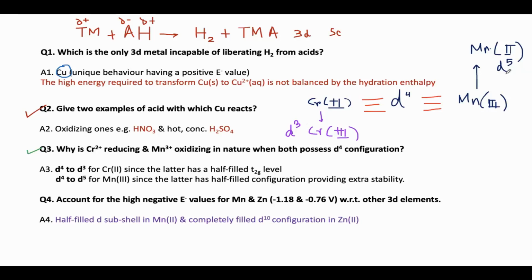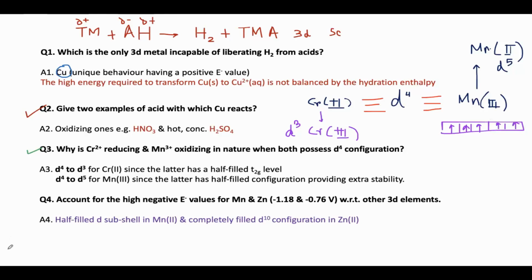That's why Mn3 wants to go to Mn2 very fast, because it wants to gain this half-filled stability. So here we have 5 d orbitals and this d5 configuration, which is stable.